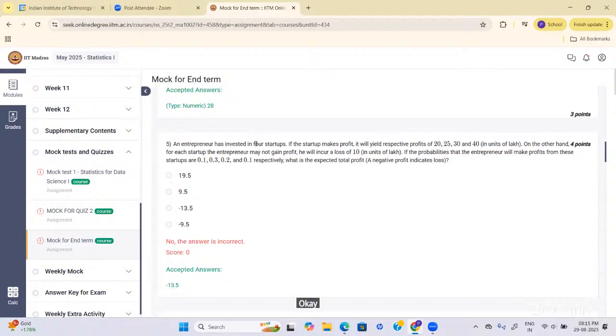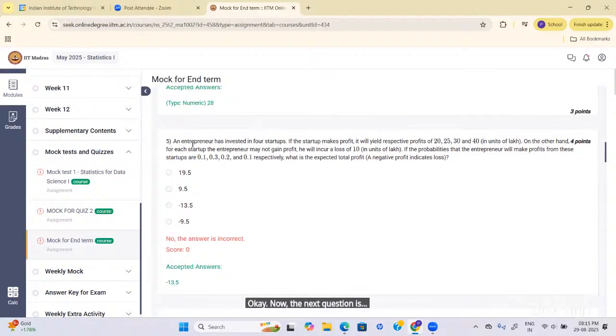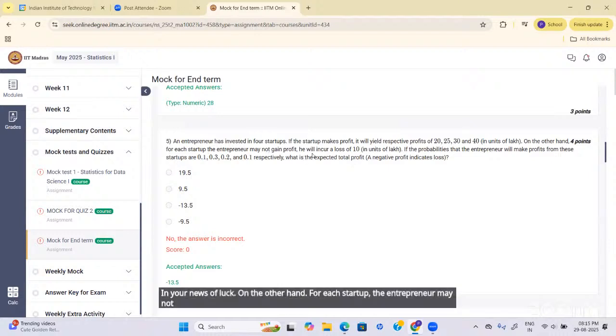Okay. Now the next question is, an entrepreneur has invested in 4 startups. If a startup makes a profit, it will yield respective profits of 20, 25, 30, and 40 in units of lakh. On the other hand, for each startup, the entrepreneur may not gain profit and will incur a loss of 10 lakhs.